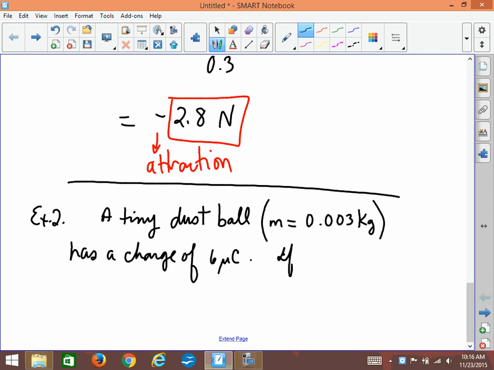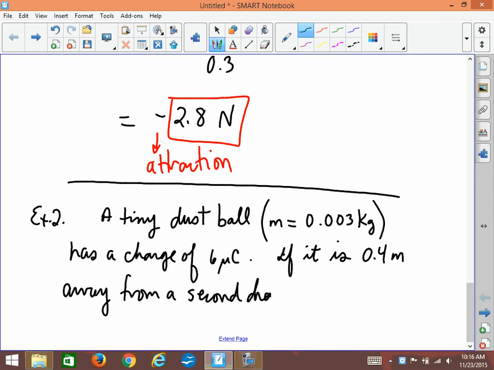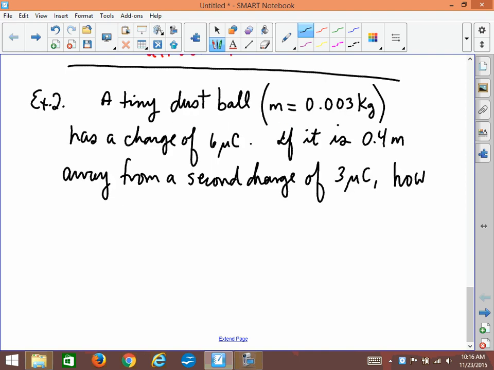If it is 0.4 meters away from another charge, the second charge of 3 microcoulombs, how fast is it accelerating?